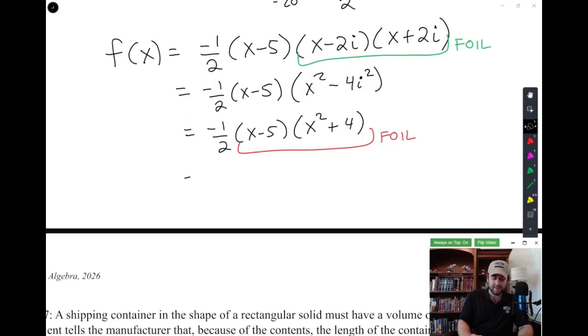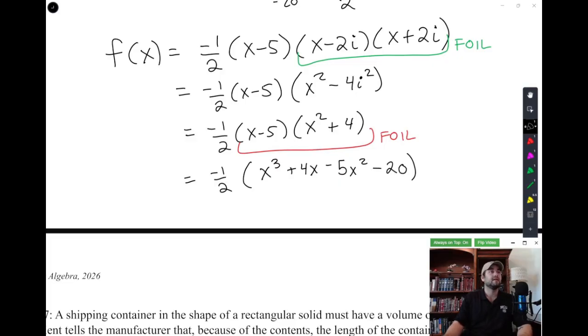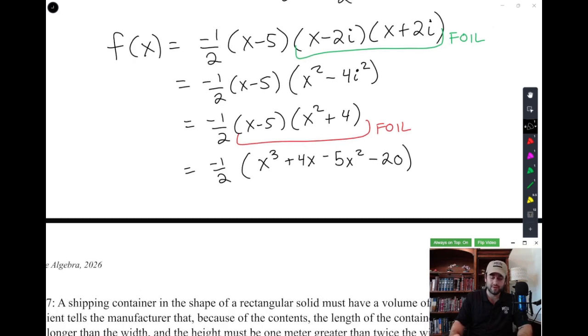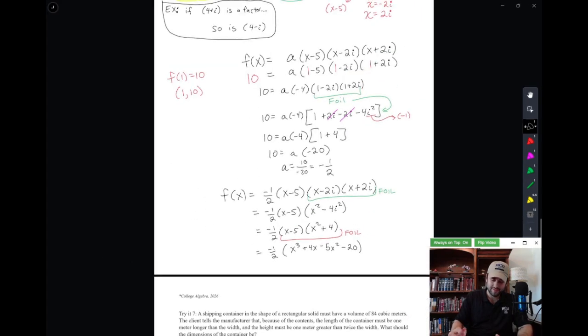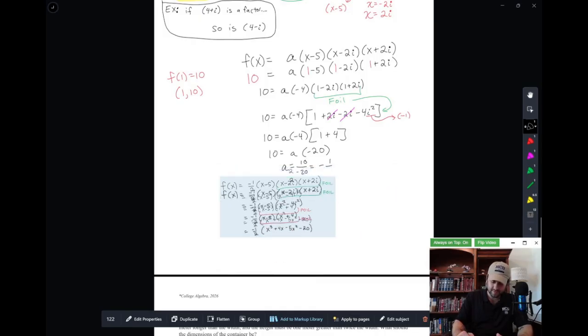And we get something like x times x squared is x to the third power. That's the first terms. Outside terms, we get plus 4x. Inside terms, we get negative 5x squared. And the last terms, we get minus 20. And then finally, my last step before we're done with this really long problem, make some room for us.